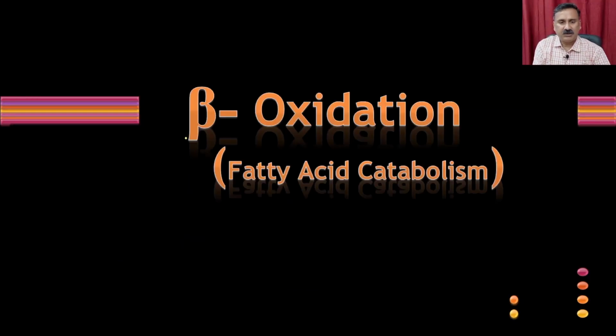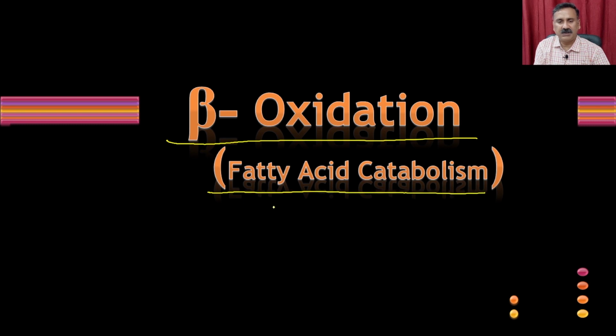So, beta oxidation, or fatty acid catabolism. Beta oxidation starts when lipid molecules enter the cell, but that is not where it really begins. It starts when you take a lipid-rich diet in your food.